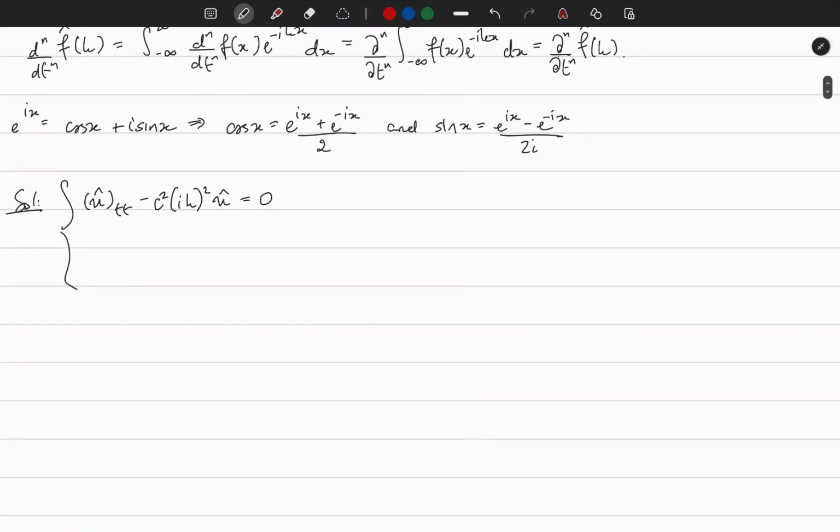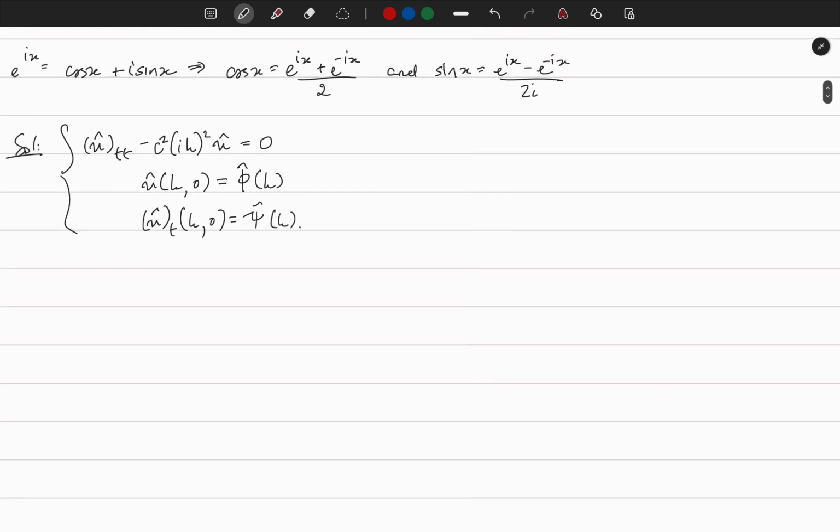The auxiliary conditions will become u hat of k, 0 is equal to phi hat of k, and u hat time derivative of k, 0 is equal to psi hat of k.